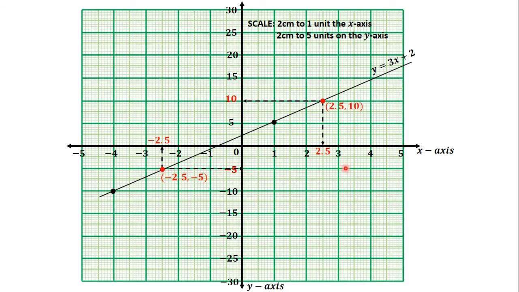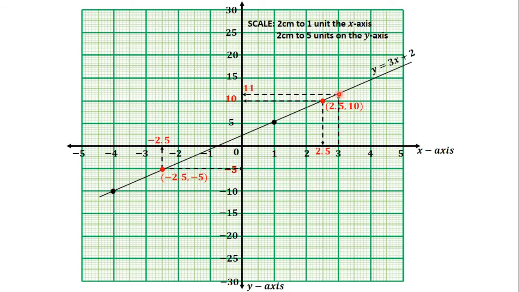Now we are going to use our graph to find the value of y when x is equal to 3. So as we learned, you look for 3 on the x-axis. Here is 3. Then you trace it to meet the straight line. Then from the point where it meets the straight line, you trace it again to meet the y-axis. Then you read the value there.